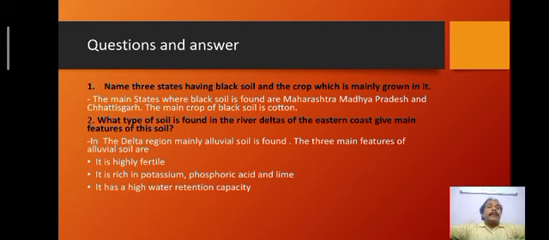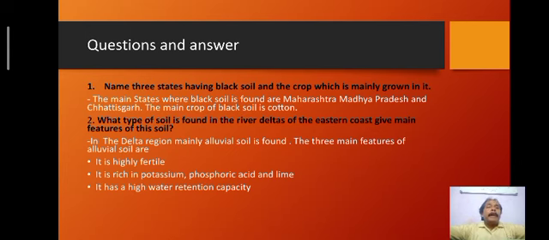So here it is taken eastern coast, because in the eastern coast the rivers form deltas. In the western coast there are two main rivers, one is the Tapi and the other is Narmada, that do not form deltas.